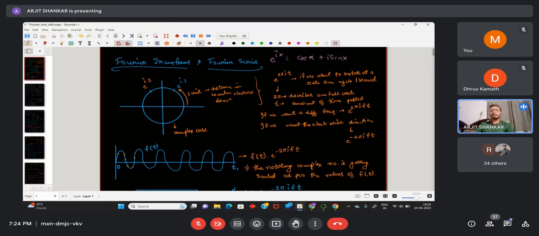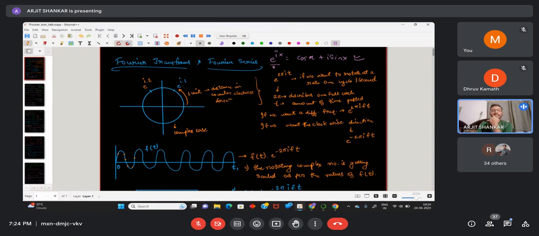So e to the power i times 1 means we are moving 1 unit distance in the anti-clockwise direction. e to the power 2 times i means we are moving 2 unit distance in the anti-clockwise direction.